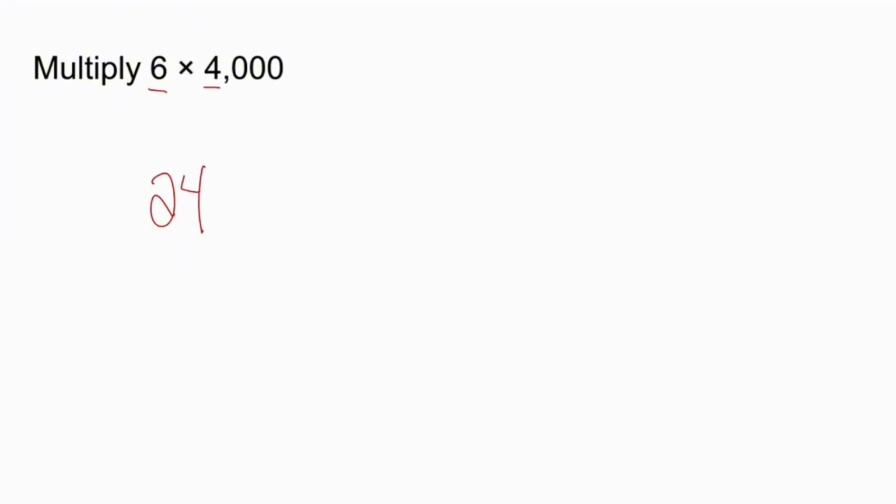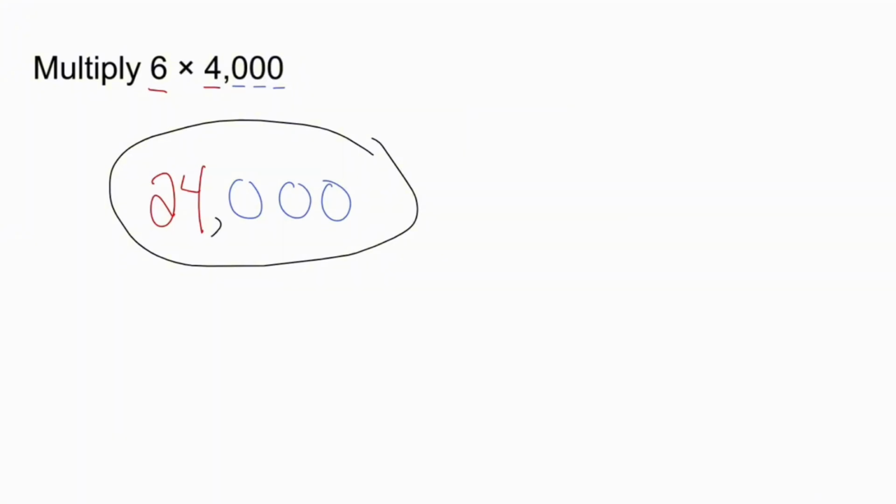Then you attach the number of zeros you have at the end of your numbers. So since I have 1, 2, 3 zeros attached to 4,000, I'm going to have 1, 2, 3 zeros attached to 24. So 6 times 4,000 is 24,000. And that's our answer.